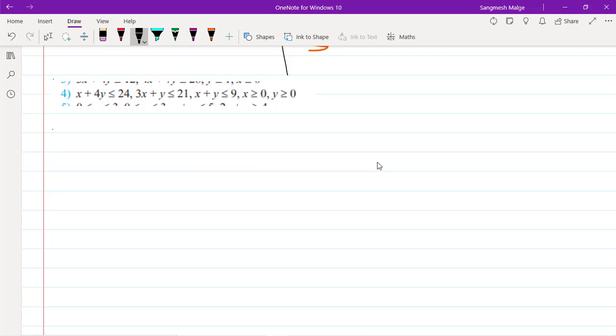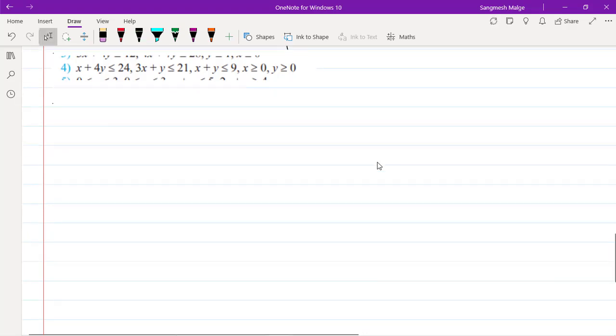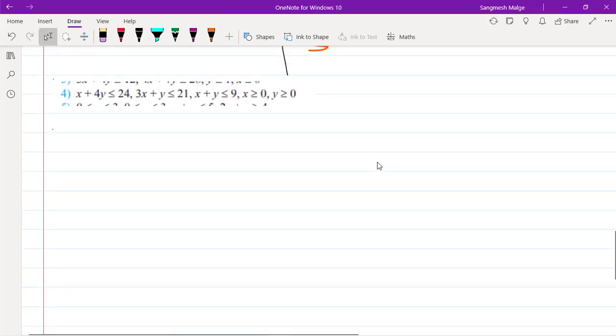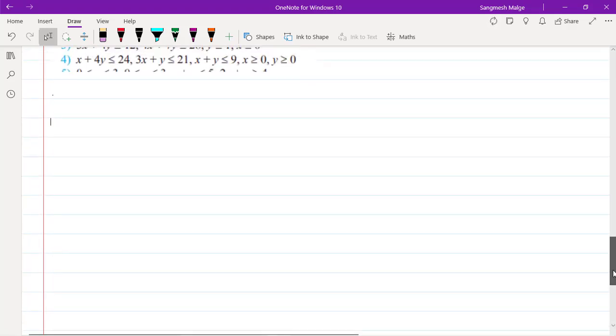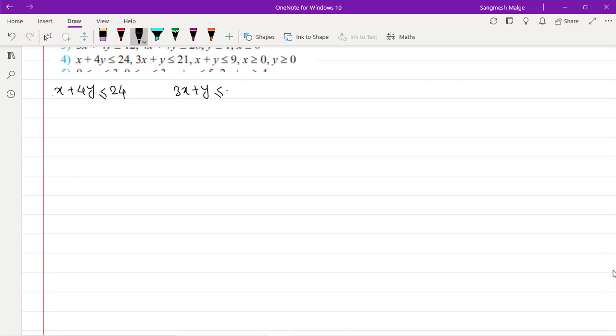So it is nothing but x plus 4y less than or equals to 24, 3x plus y less than or equals to 21, x plus y less than or equals to 9, x is greater than or equals to 0, y is greater than or equals to 0.